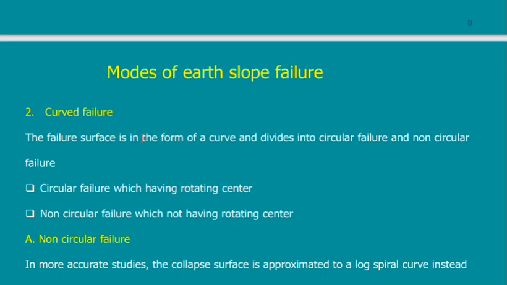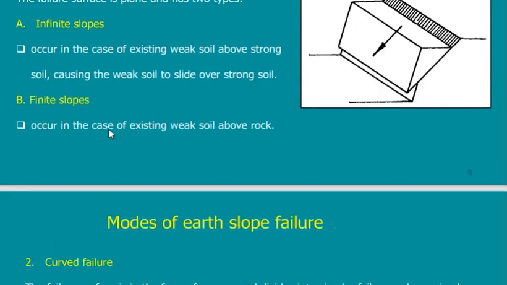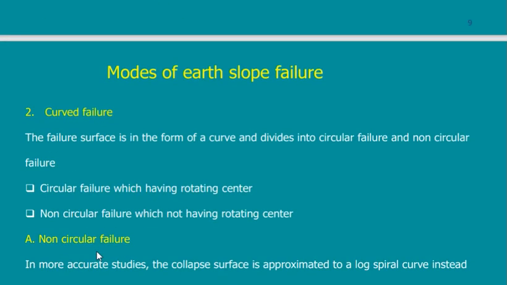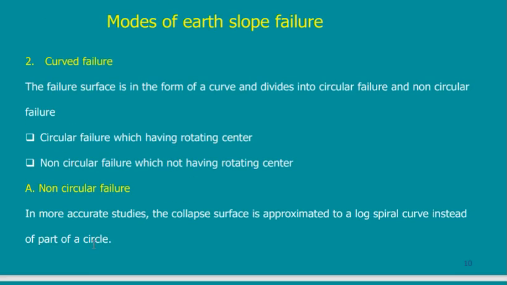Another thing is the curvature. Is it curved or a straight line? And if it is curved, is it circular or some other curved shape? So for curved failure, it is either circular failure or non-circular failure, of any shape.